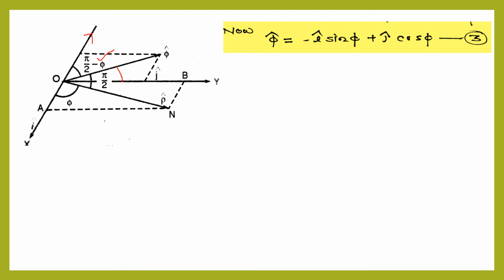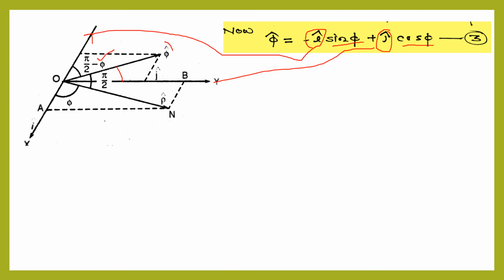So if we use cos of pi by 2 minus phi, then we get sine, that is why here sine, and for this we get the cos, and that is why here we use cos, because cos of 90 minus theta is equal to sine theta. And this is j towards the y direction, and this is minus i towards the minus x direction.